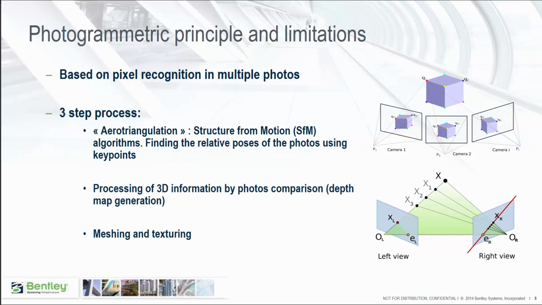The last step consists in meshing the 3D points generated in the previous step and applying texture from the original photos on the mesh. As you have noticed, the definition of the pixel is at the heart of the technology, hence the importance of a quality dataset.